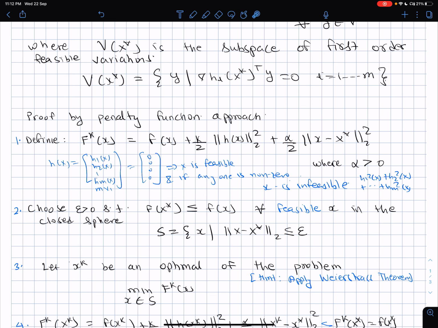Once feasibility is ascertained, the minimization will drive to pick the best f of x which is feasible. If it is a global search, you will get a global minimum if it exists. If it's a local search, then you will get a local minimum if it exists. So this is the basic idea of a penalty function.